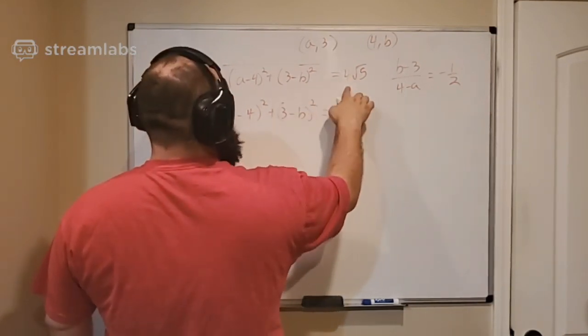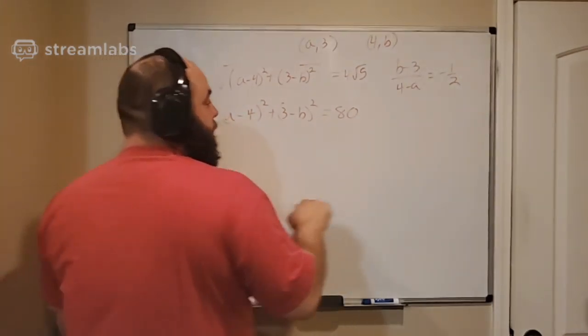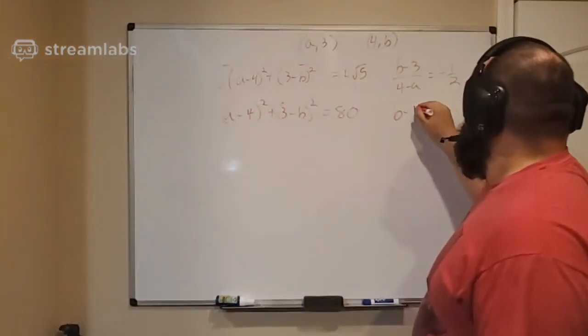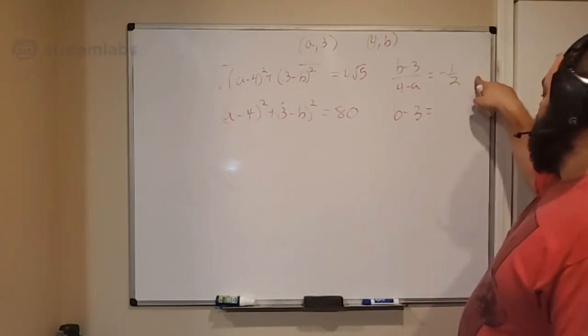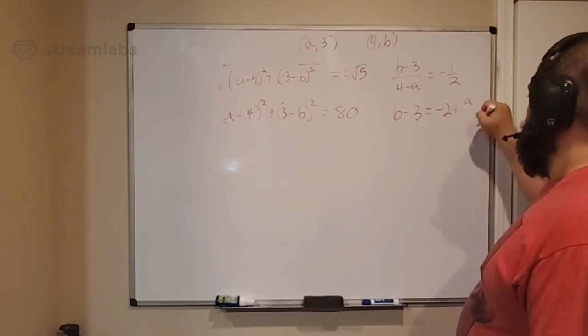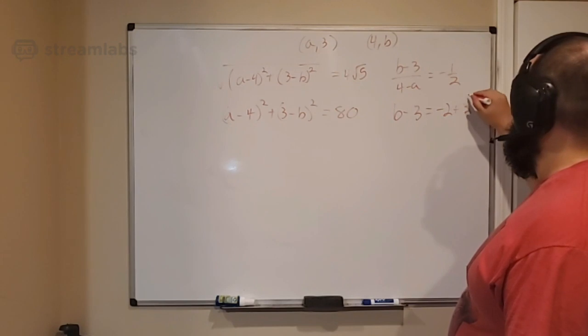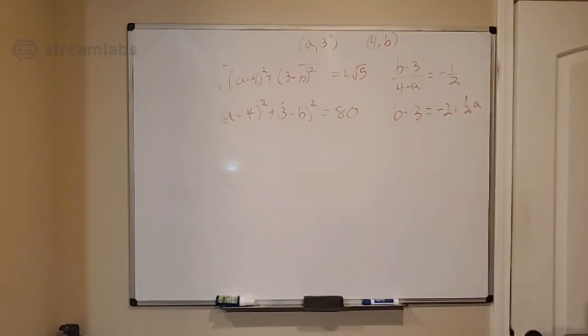And over here you're going to get B minus 3 is equal to negative 2 plus 1/2 A. Everybody follow me so far? Okay, at that point you have multiple options for solving this.